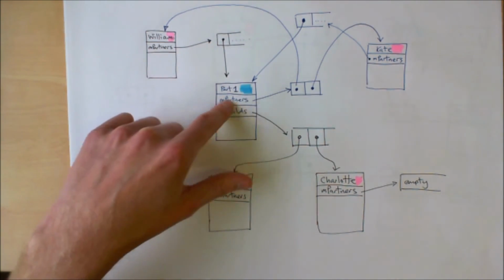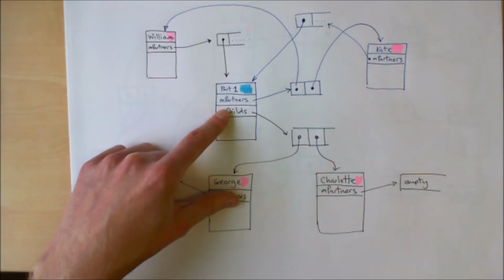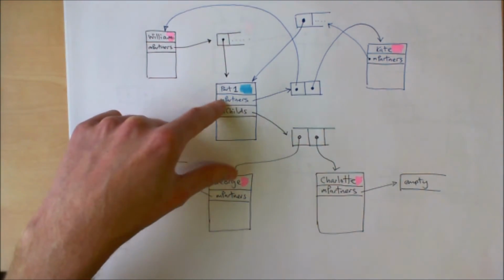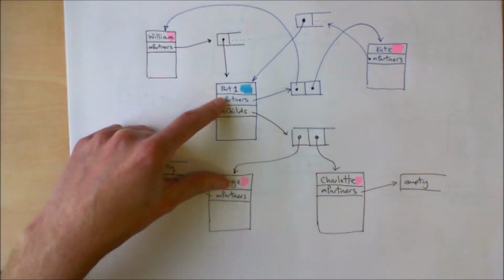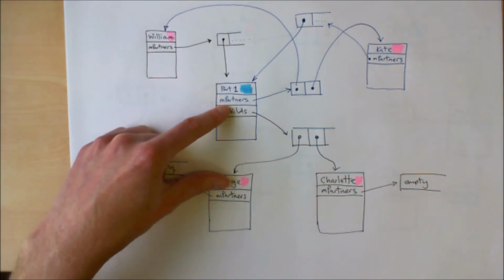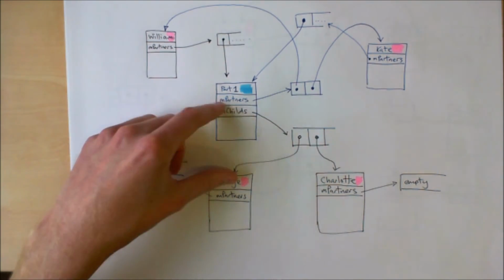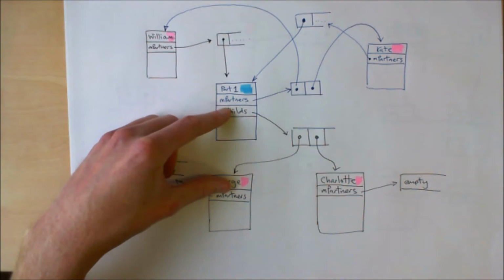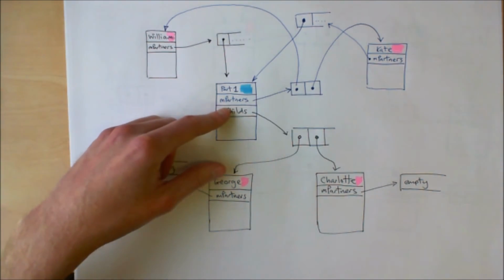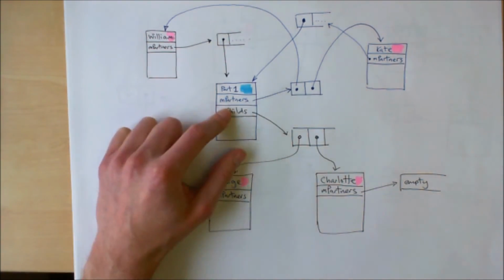So in your draw function of partner, you can start again by saying, if this.getVisited equals false, then do stuff. Okay, so the first thing to do is to set it to true. So this.setVisited true.